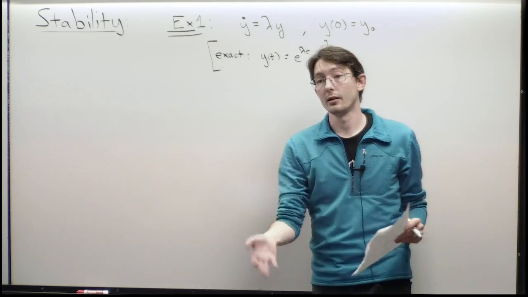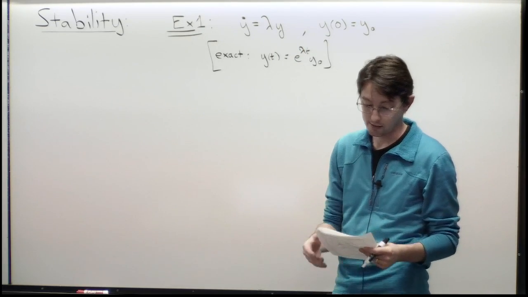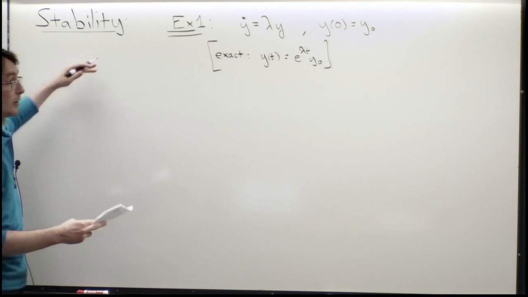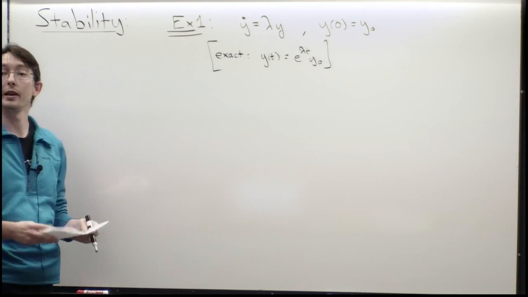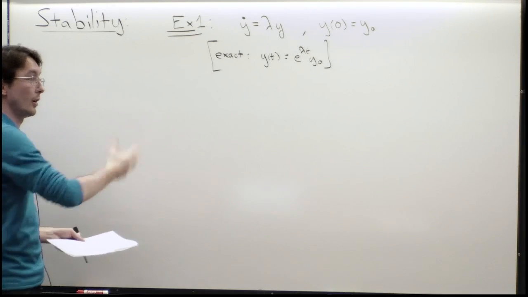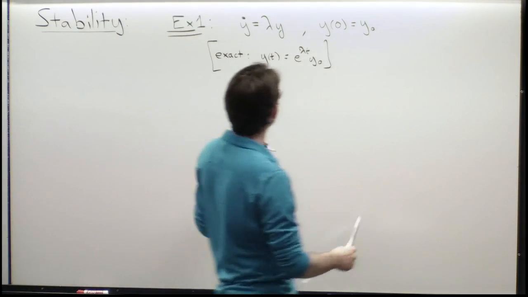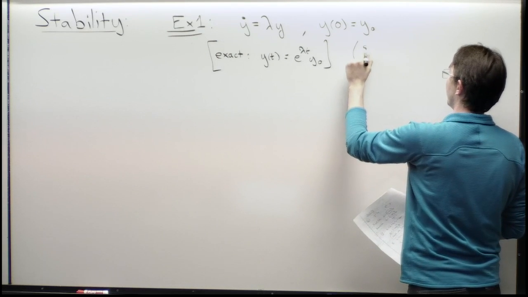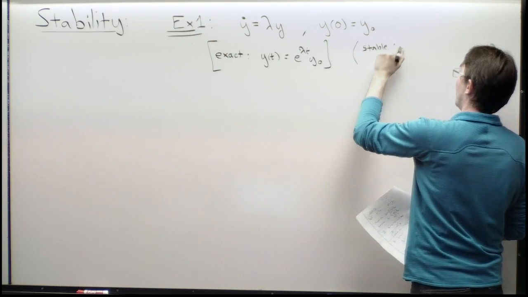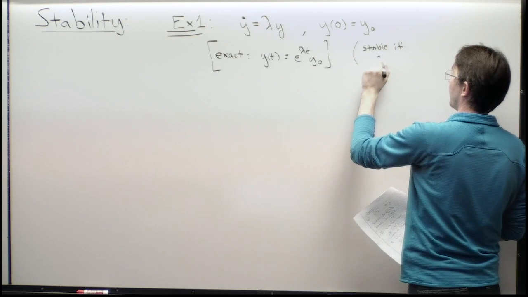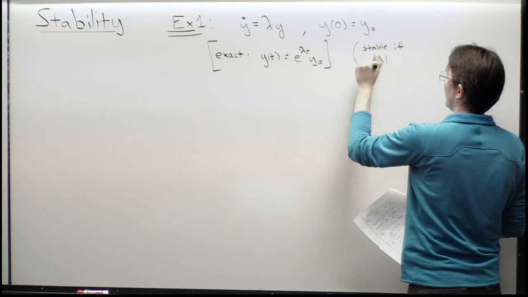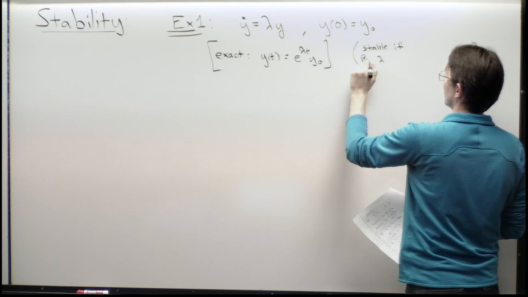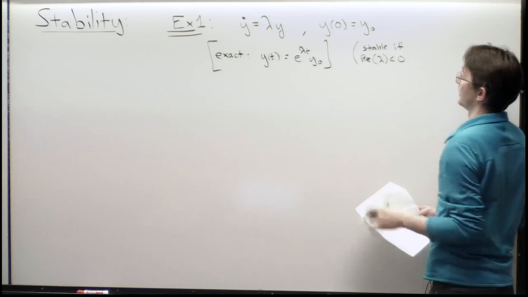But we want to know if our numerical integration scheme preserves the stability of the system. So I'm going to write down the forward Euler and the backward Euler, and then we're going to look at when they are or are not stable. This system is stable if the real part of lambda is less than 0.